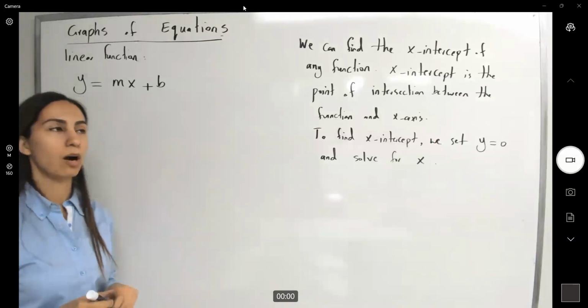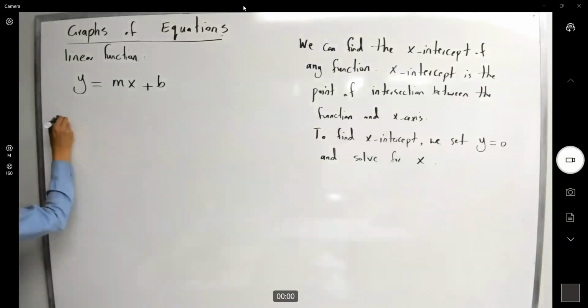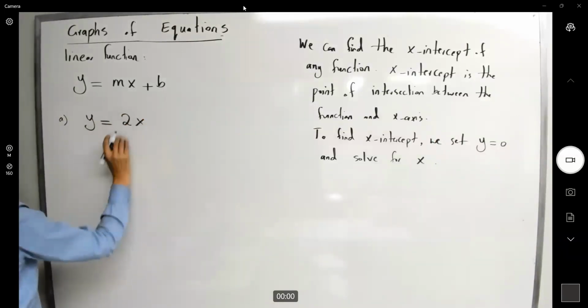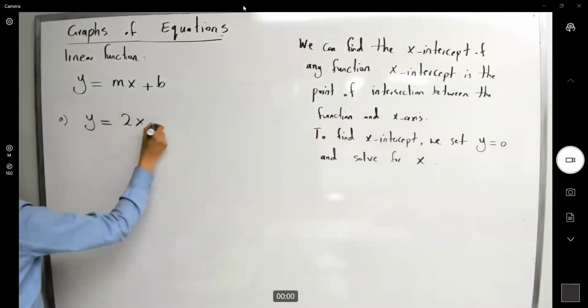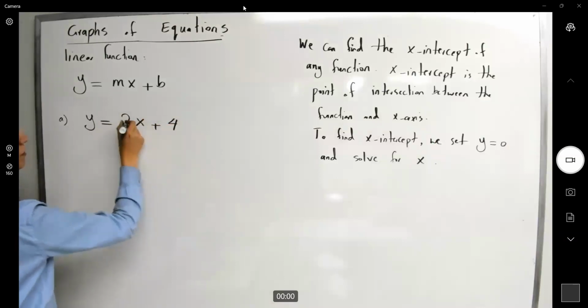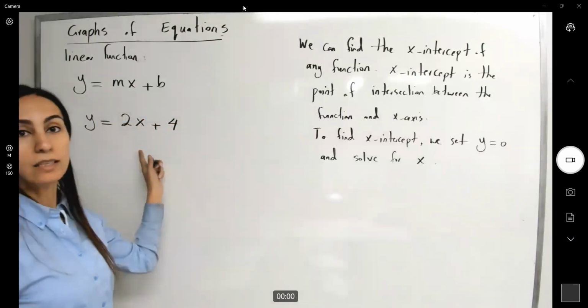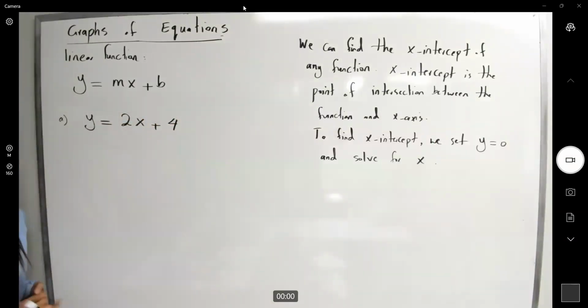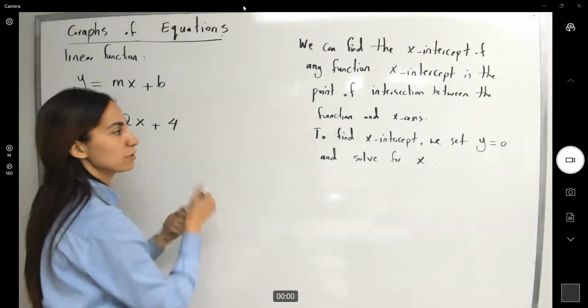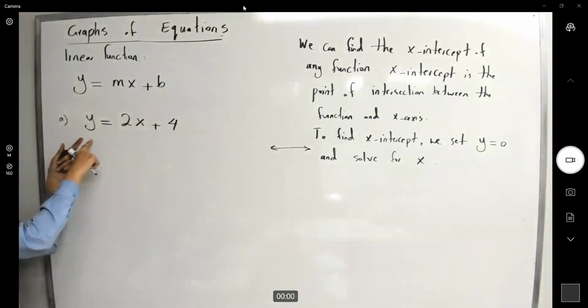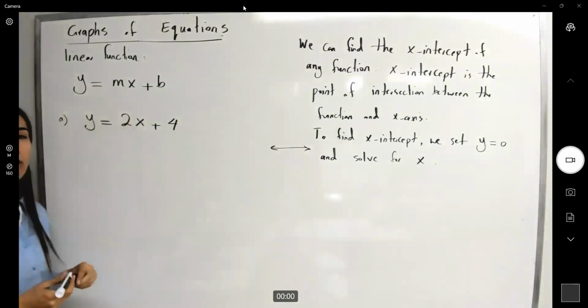Let us go over a couple of examples. Suppose y is given as 2x plus 4. My goal is to find the x-intercept of this function. To do so, I'm going to set y equal to 0 and solve for x.